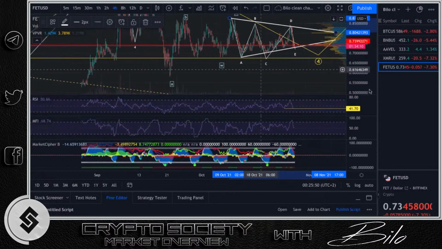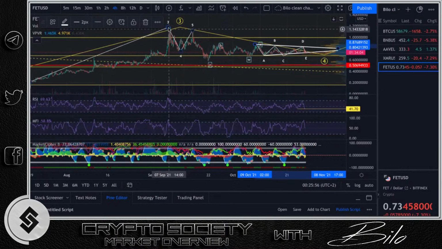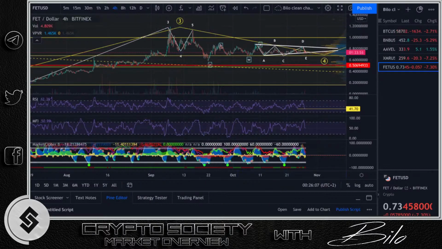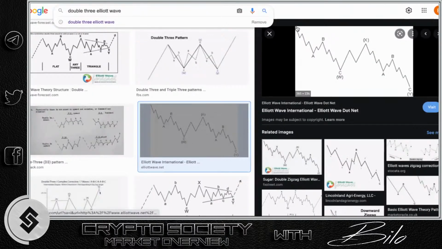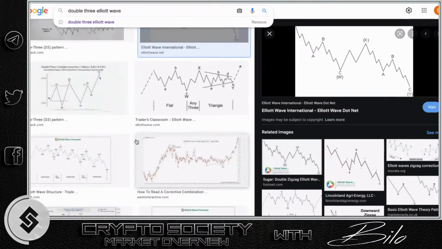The only reason we could say we didn't finish wave 3 is if we start counting this A from here. Going back to this structure, like we said, wave 4 can't come lower than wave 1.